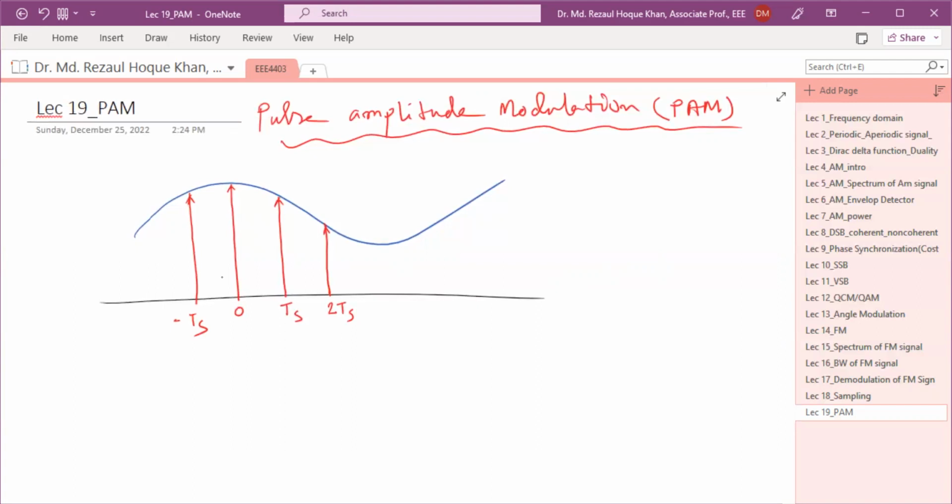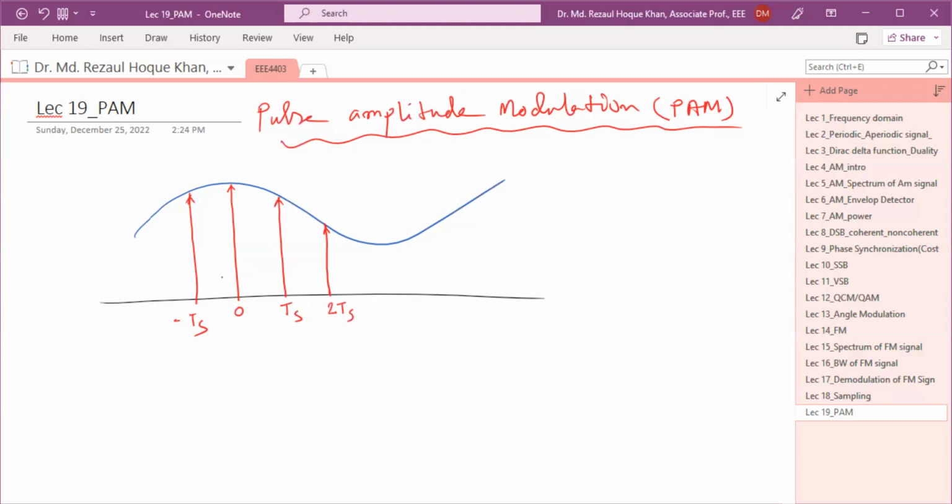The signal is multiplied with a train of impulses. In impulse based sampling, the amplitude of the impulse is scaled by the amplitude of the signal.